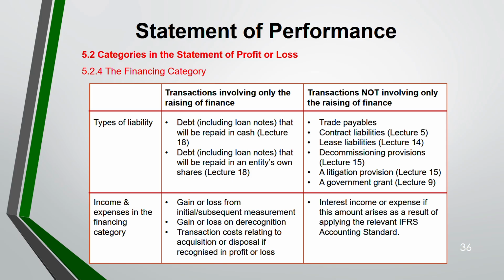Now for income and expense in the financing category for those liability transactions that are not raised only for financing, that is interest income or expense, if this amount arises as a result of applying the relevant IFRS accounting standard.